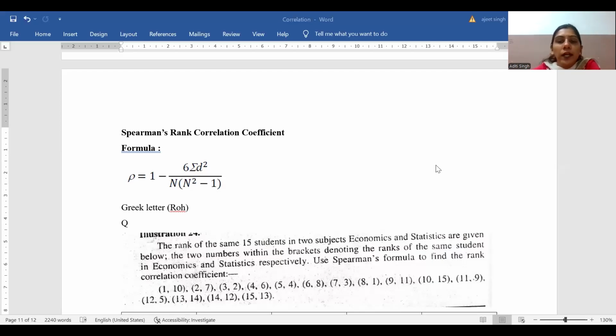This Spearman rank correlation coefficient method was first introduced in 1904 by Charles Edward Spearman.